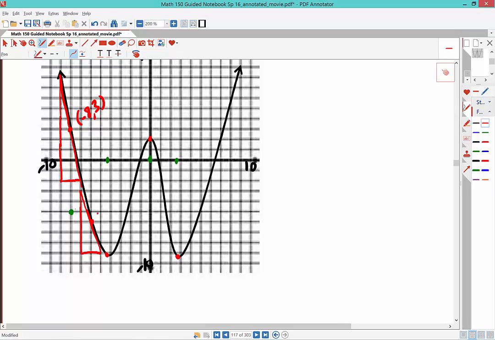So at this input value, on the original graph, was the ordered pair negative 6, and then 1, 2, 3, 4, 5, 6, negative 6. We are going to have a slope of 3. This one had an ordered pair at negative 8, and the slope we found over there was negative 5.